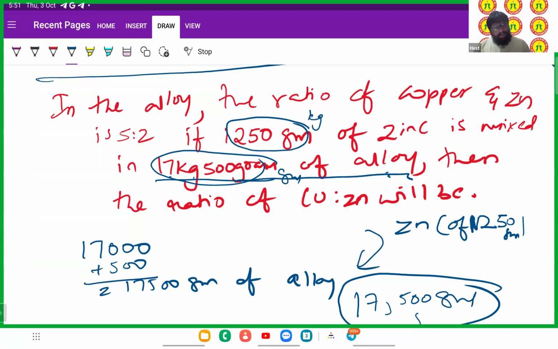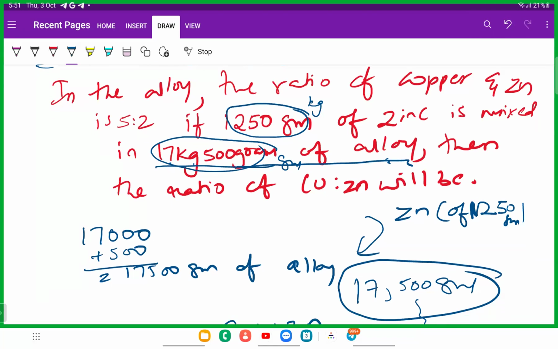And in that alloy, you are additionally adding 1250 grams of zinc. Then what is the ratio after adding additional zinc? Are you getting my point?